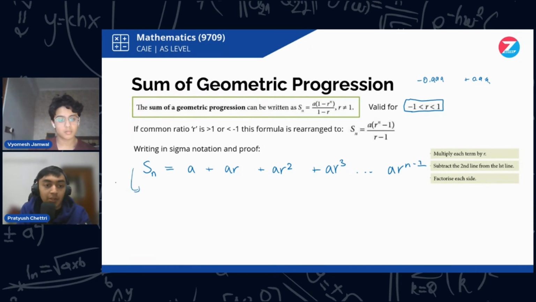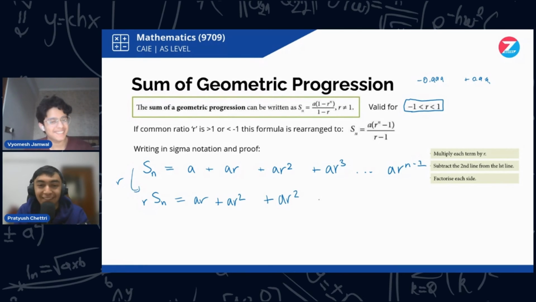Now you multiply everything by r. This is r Sn, which is ar, ar squared, and so on and so forth, and there'll be r to the 4, by the way. That means the last term is no longer r to the n minus 1, it's r to the n.